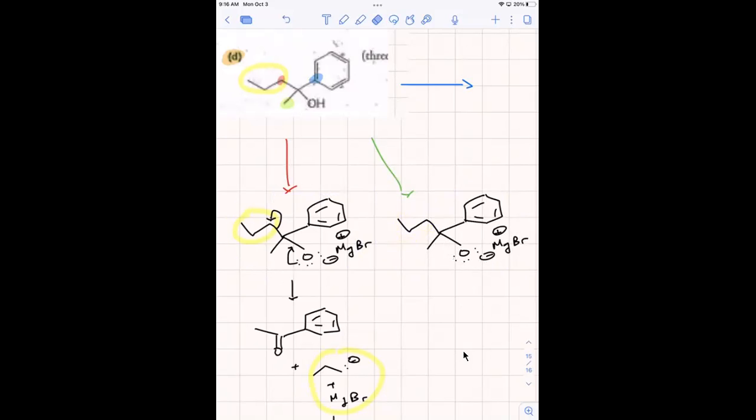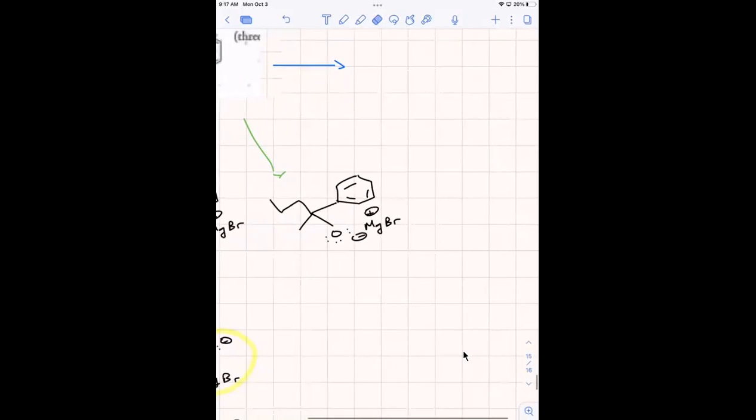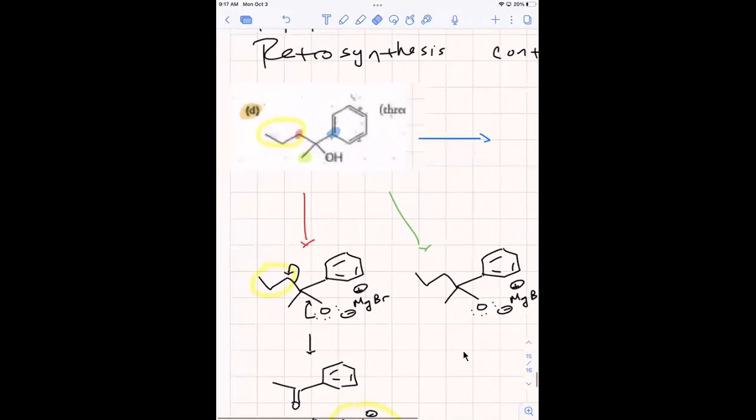That doesn't change, right? You always want to get back to the intermediate, and then from the intermediate, you can figure out what your ketone is and what your Grignard is. How do I know that I'm going to get a ketone as one of my starting materials based on what the product is? It's tertiary. Tertiary, good.